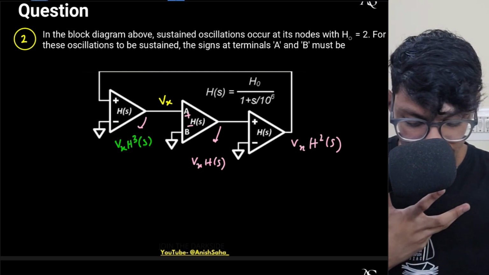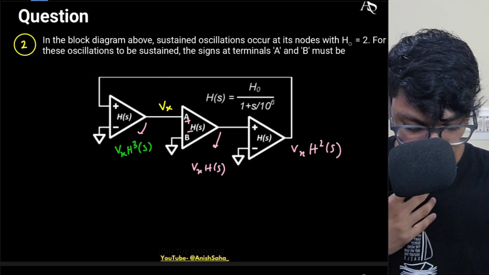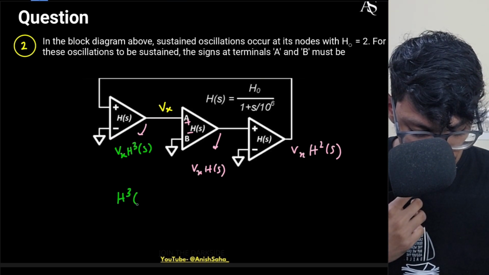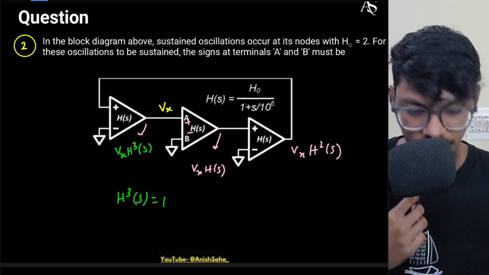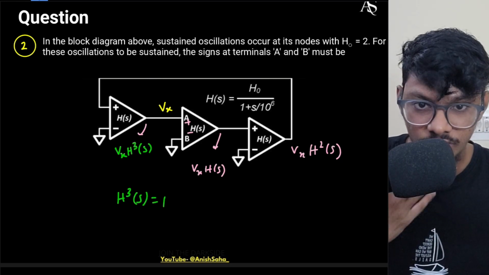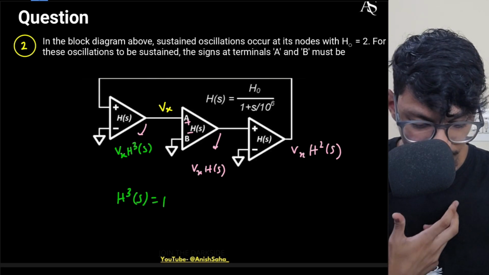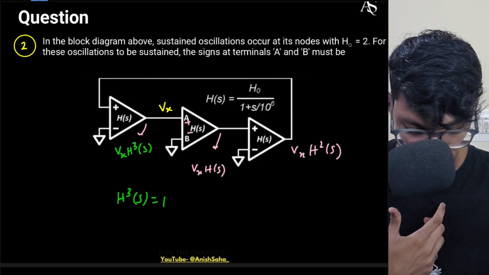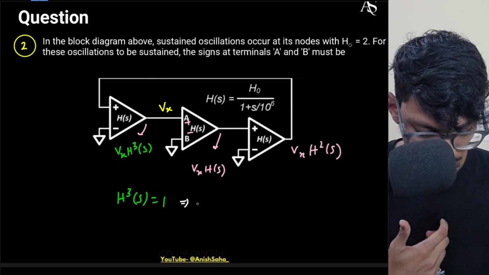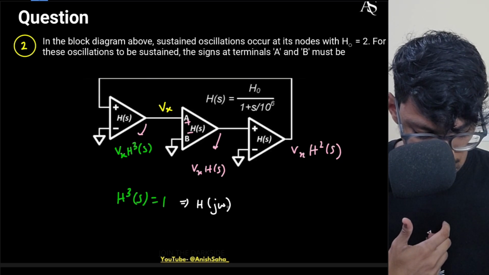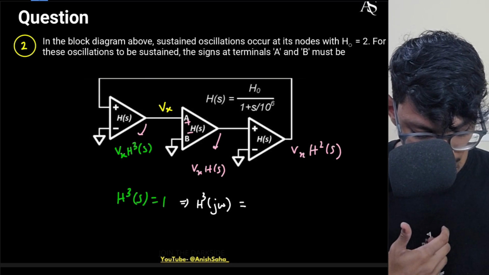So basically what it means is that H cube of S must be equal to 1. Okay. Now as we are concerned with frequency response, because we will mainly provide sinusoidal inputs, I can convert this into H of j omega. H cube of j omega must be 1.